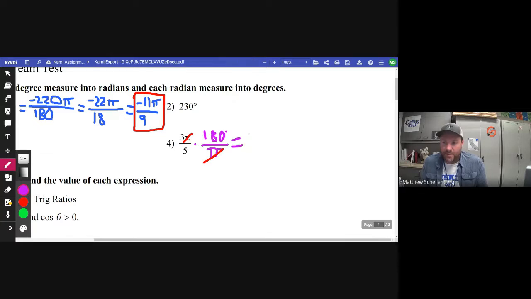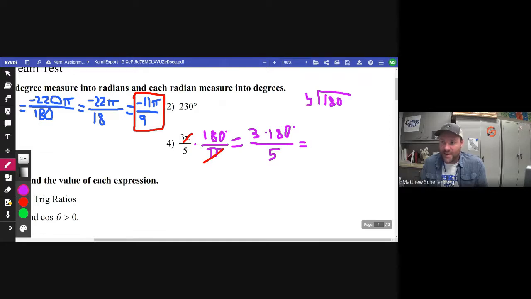And also, before you go and multiply 180 by 3, just remember my rule to simplify before you multiply. So actually, you should divide by 5 before you multiply by 3. So 180 degrees divided by 5, you can use long division if you don't have a calculator, or if you're not allowed to use a calculator, more likely.